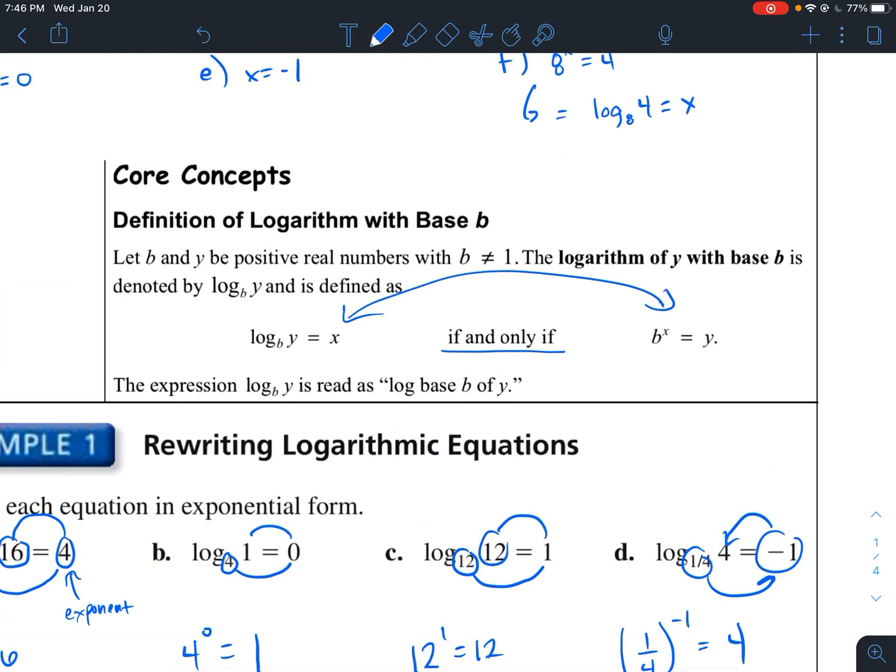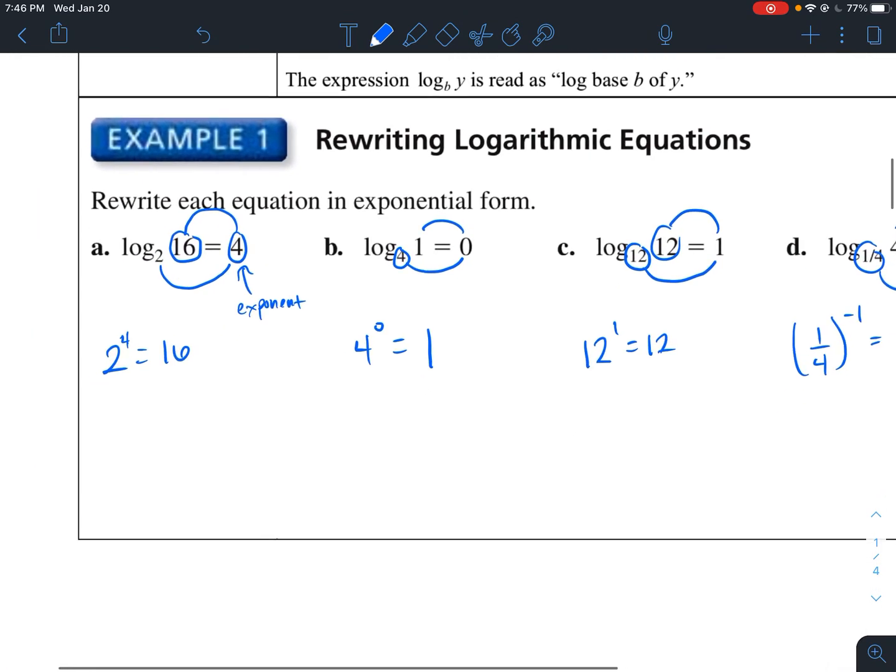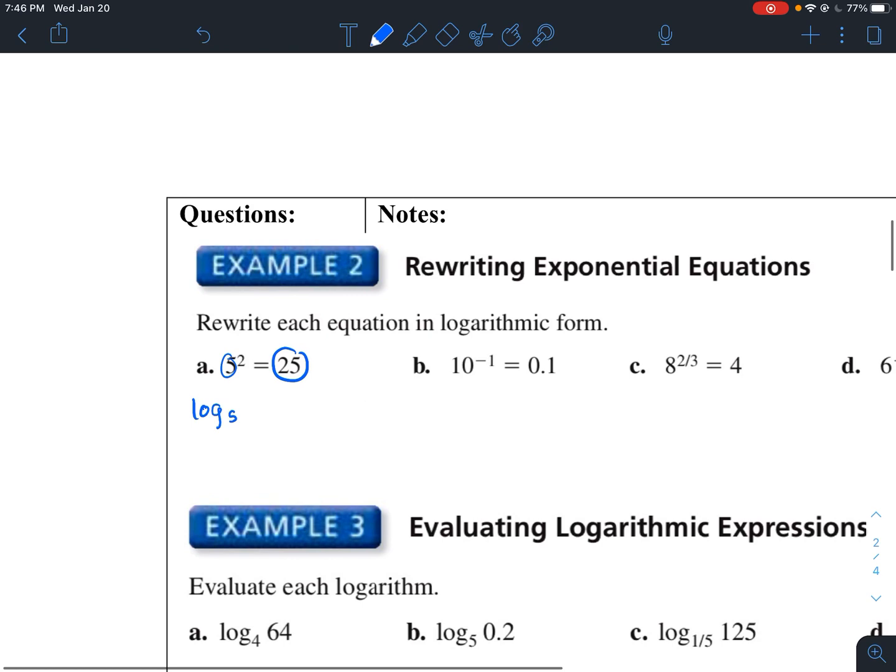So that's going to be 25. So log base 5 of 25 is equal to the exponent. So remember that it's equal to the exponent. The exponent always goes on the other side of the equation. So here's the base, here is what you're taking the log of, so log base 5 of 25, and this is the exponent.